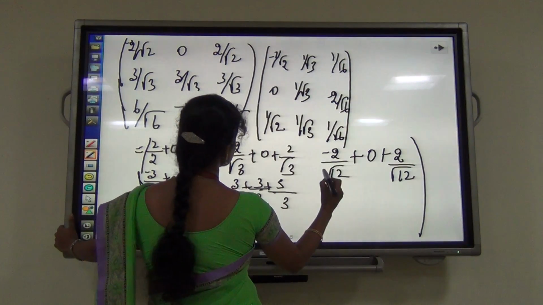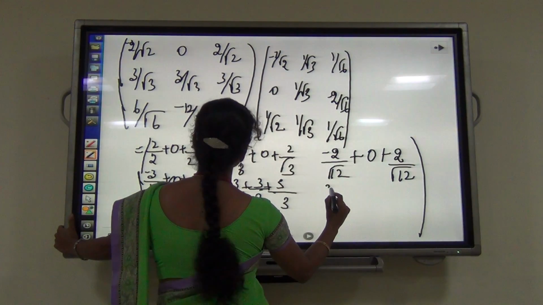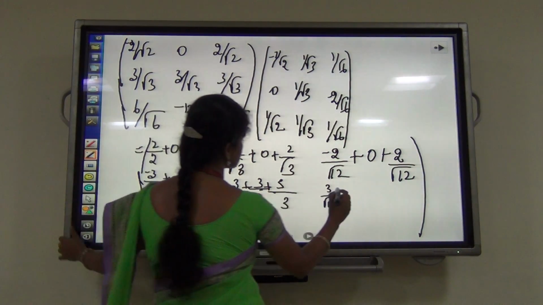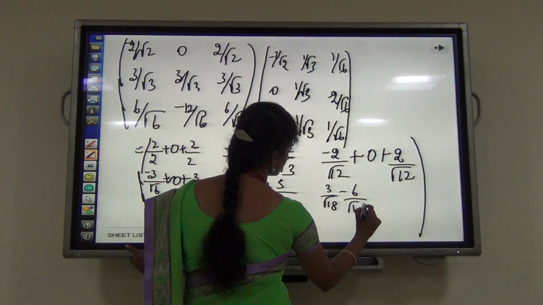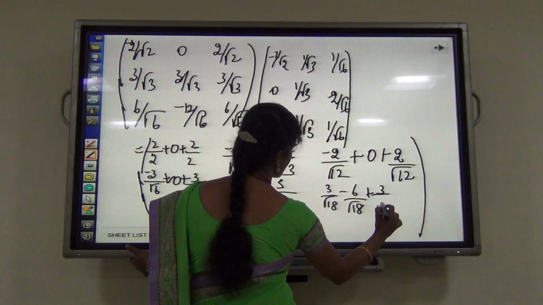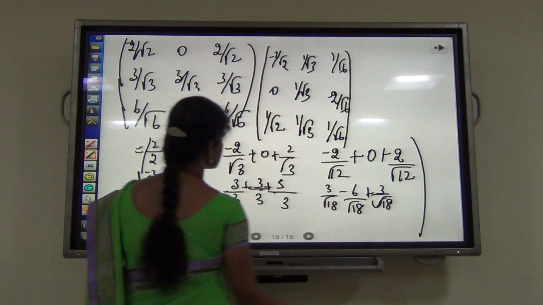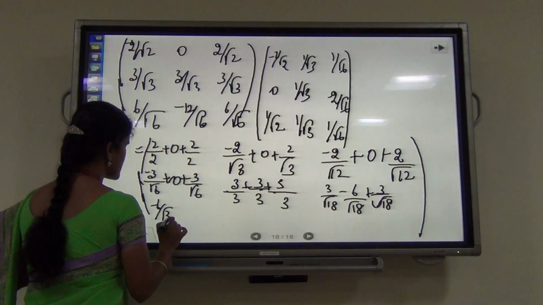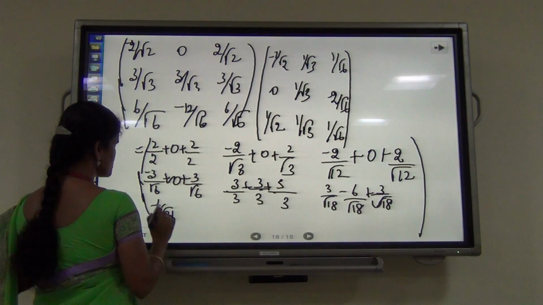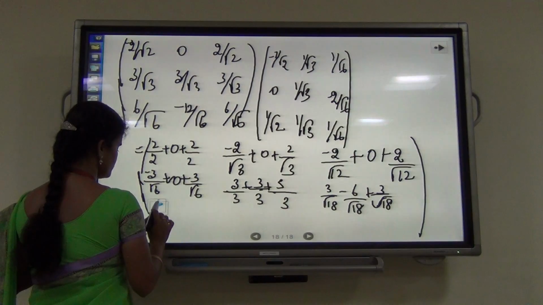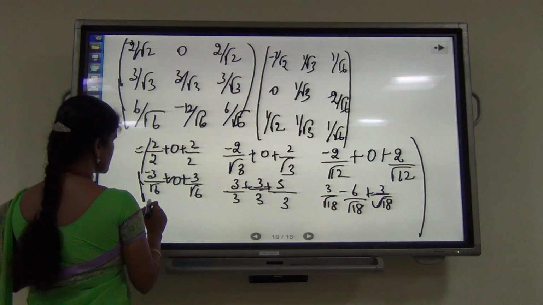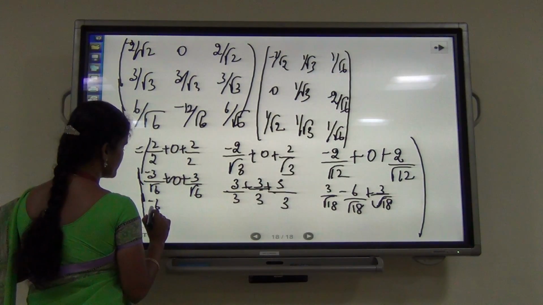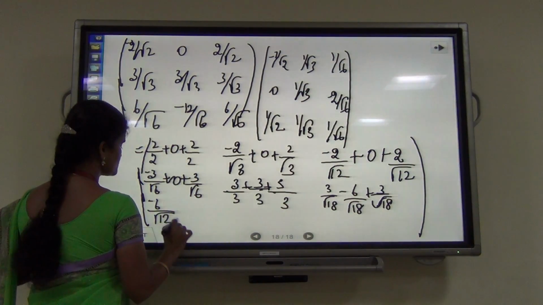Here it is 3 divided by root 18 minus 6 divided by root 18 plus 3 divided by root 18. The last row is minus 6 divided by root 36. 6 into 2, minus 6 in the numerator, root 6 into root 2, it is root 12. 6 2 is 12.